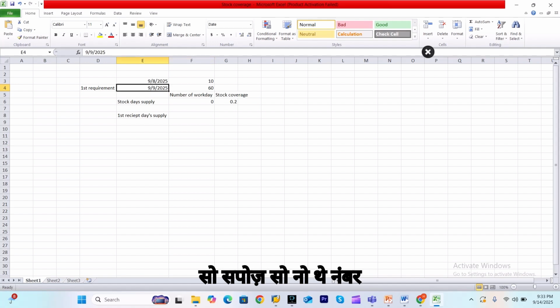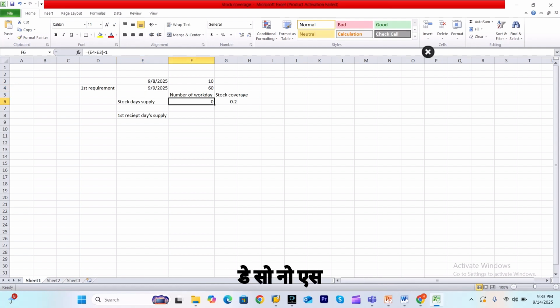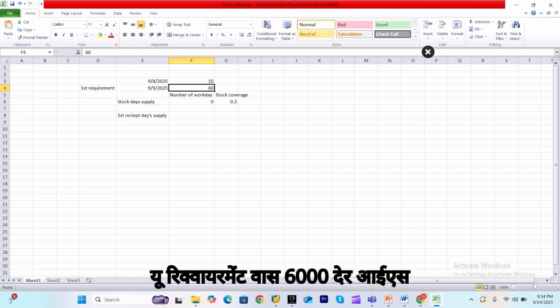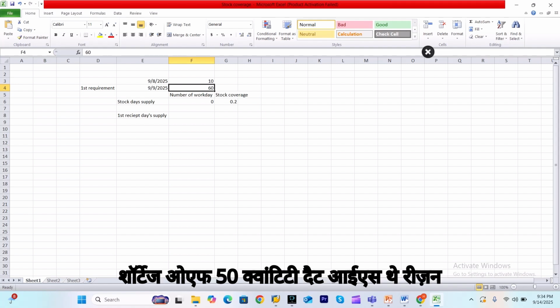The number of work days between the 8th and the 9th is 1 day. To get the range of coverage, generally it is the number of work days minus 1. So here it will be 0, and on the date of the first requirement the stock was 10, but the requirement was 60, so there is a shortage of 50.